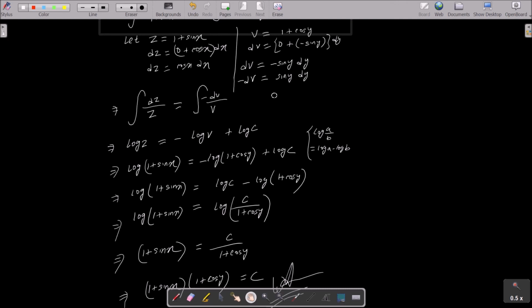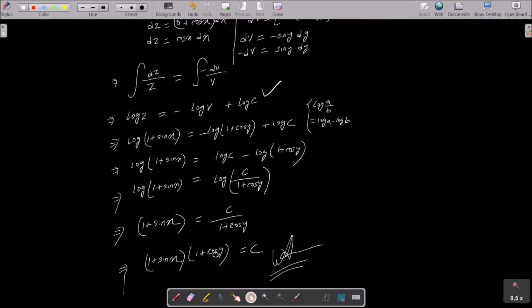Then we give the arbitrary constant, and since both places have the log, I've given log c. Then log c I write first, and use the formula log a by b equals log a minus log b. After that both sides have the log, so the log gets removed. Then we can write 1 plus sin x equals c by 1 plus cos y. Do the cross multiplication, then you can get that. So this is the way we can find the general solution of this differential equation.